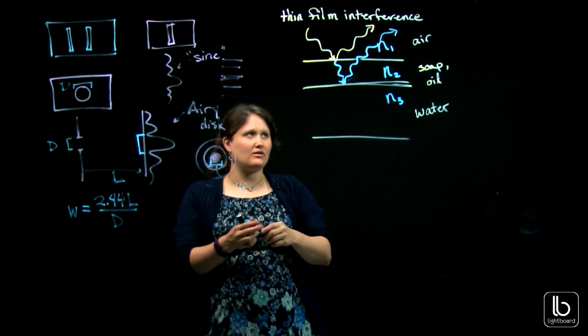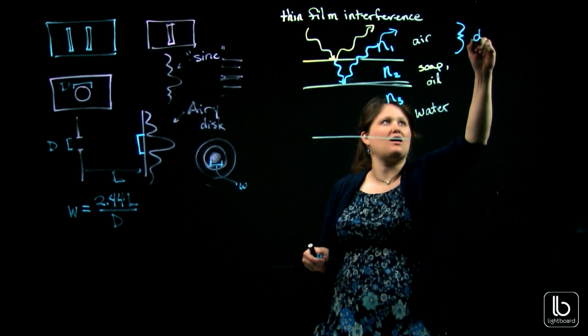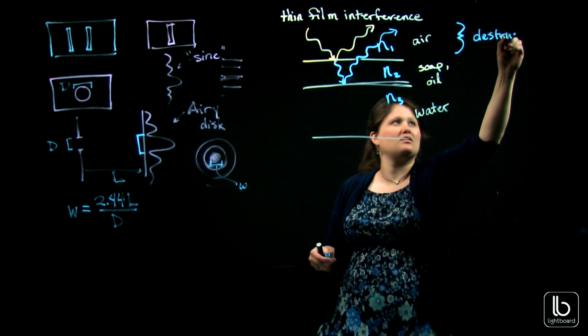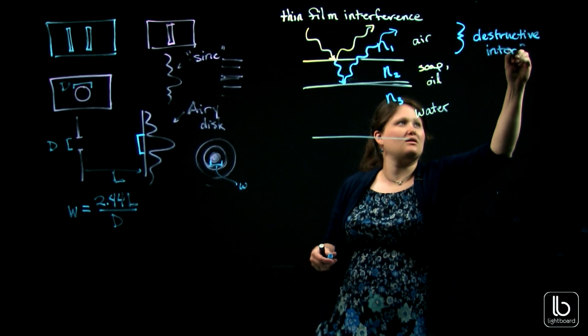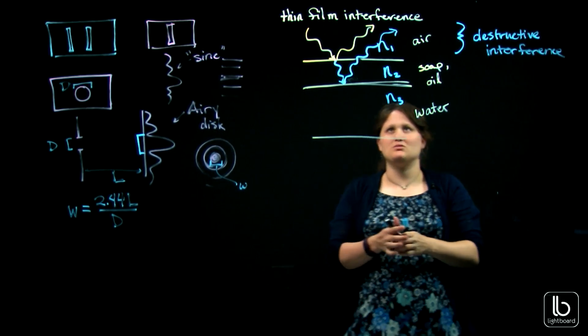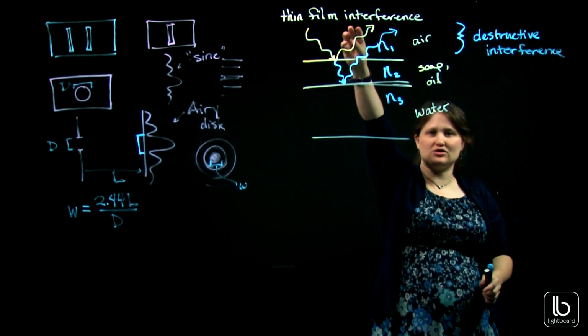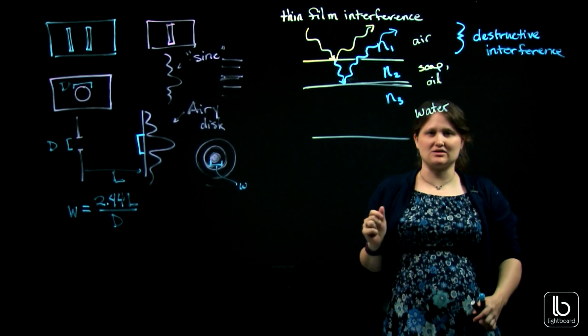So I'm looking for destructive interference between my reflection from the first surface and my reflection from the second surface.